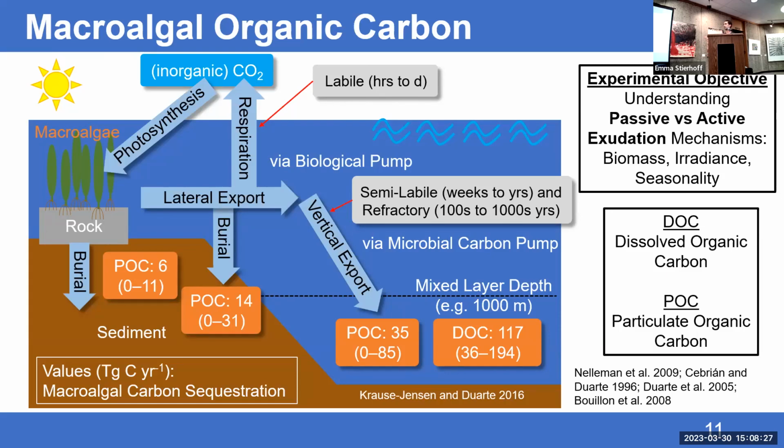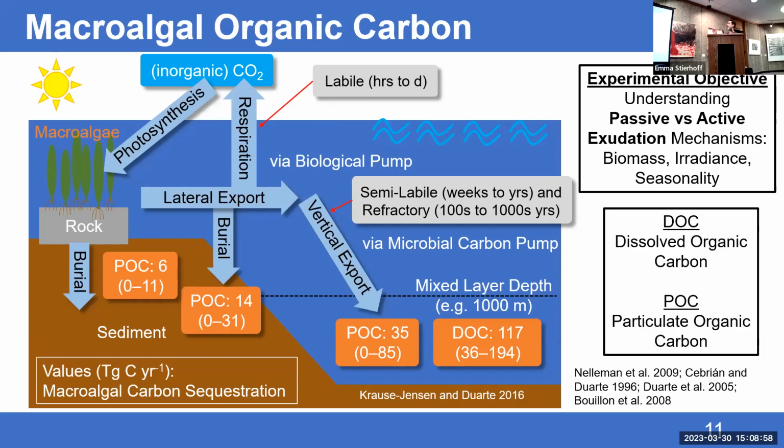The numbers shown here are taken from a 2016 paper, which estimated those sequestration potentials to be greater than seagrasses and mangroves and other traditional blue carbon ecosystems. But you can see quite a lot of variability in those estimates. That's because there's very limited experimental data, and on top of that, there's a lot of variability within individual studies in terms of differences in individual kelp or macroalgal samples.